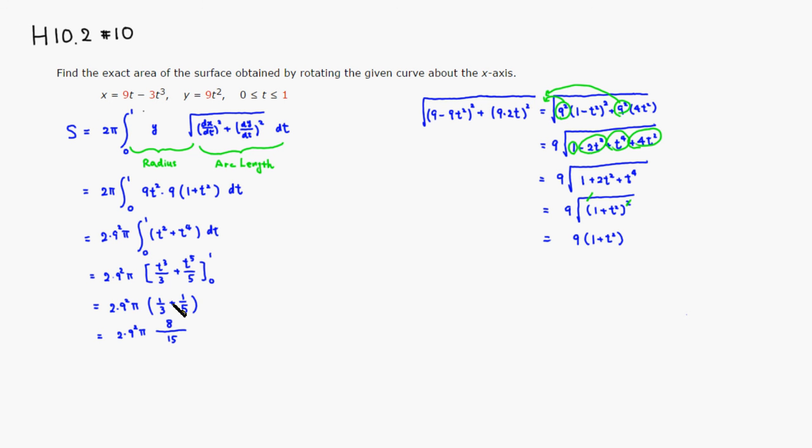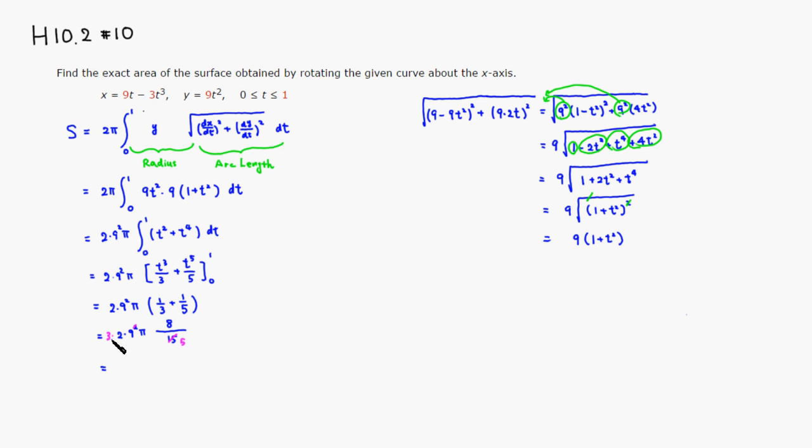Then we can simplify just a little bit. This has a 3 in it, so divide by 3, so it's 5. Instead of 9 squared, it's 9 times 3, and I think that's all we can do.